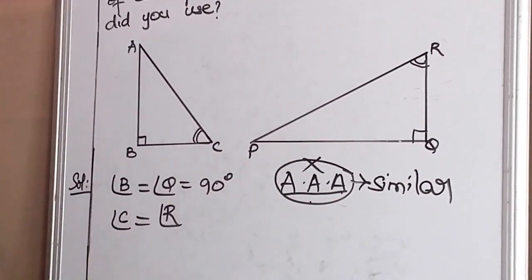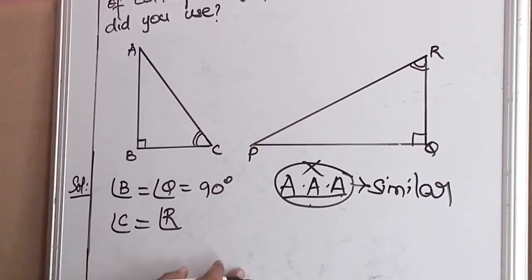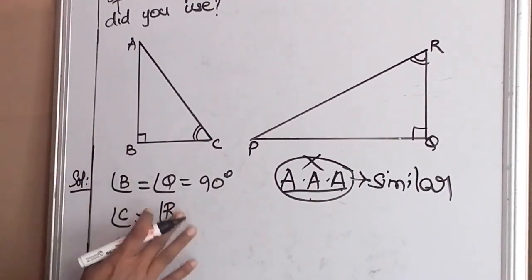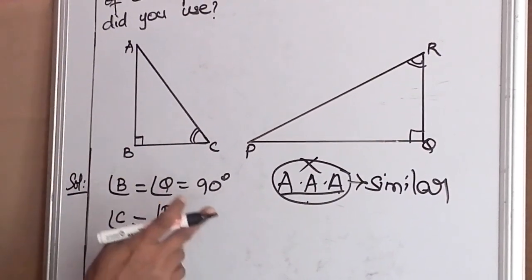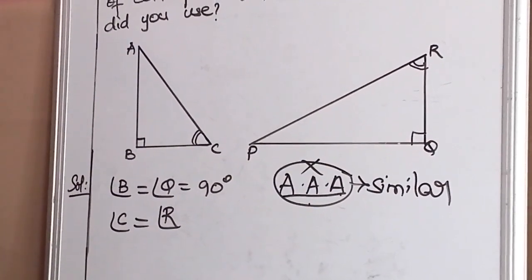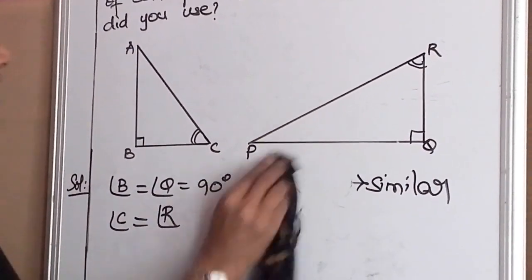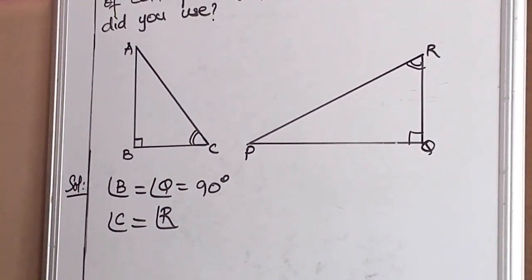So this is not the condition. So what is the other case where you can tell that the triangles are congruent? Very good. Side should be taken into consideration. So here they have not given any information about the side.